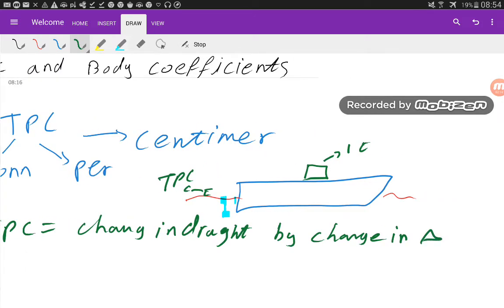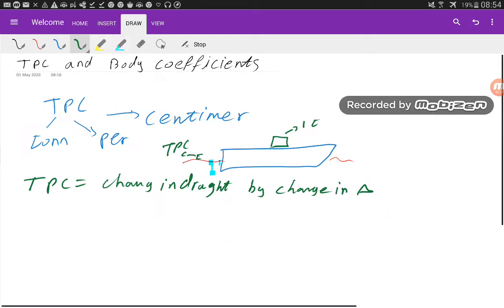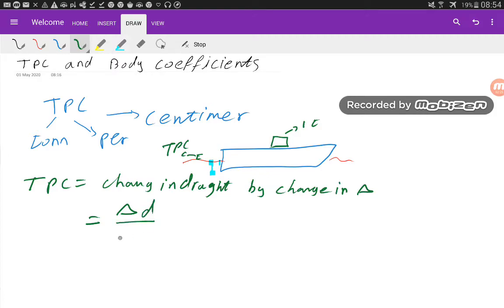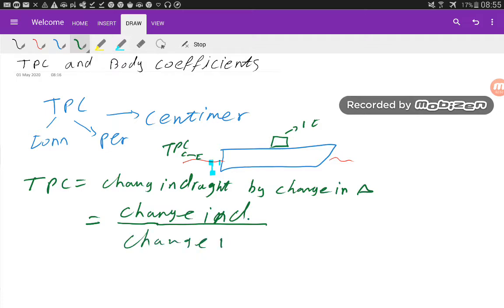Because if we are adding some cargo, the displacement will change, which is that by definition TPC will be change of draft over, let me use another abbreviation for that one, because you might get confused. TPC will be change in draft over change in displacement. This is the definition of TPC.